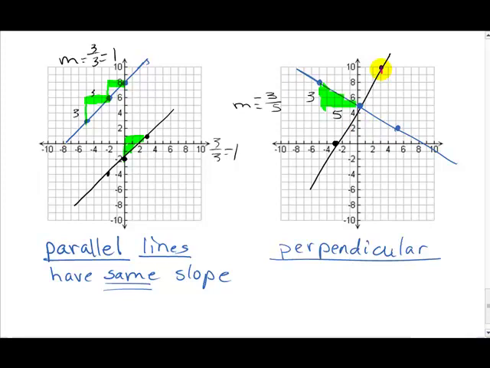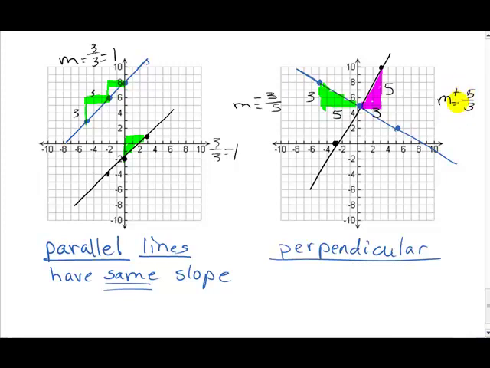I go from here to here. There's my triangle there. 1, 2, 3, 4, 5 is my run. And 1, 2, 3, because I'm going from here to here, so that's my rise. So m equals rise over run, and it's positive.